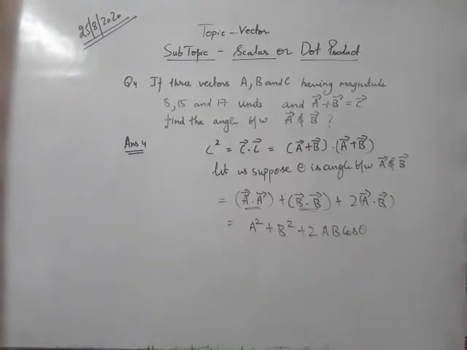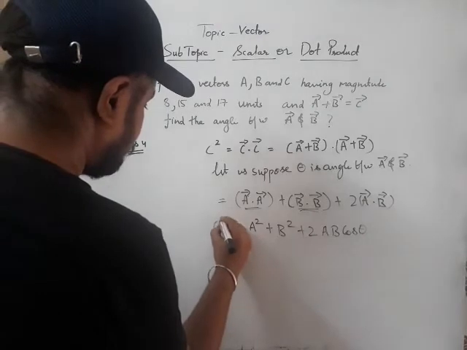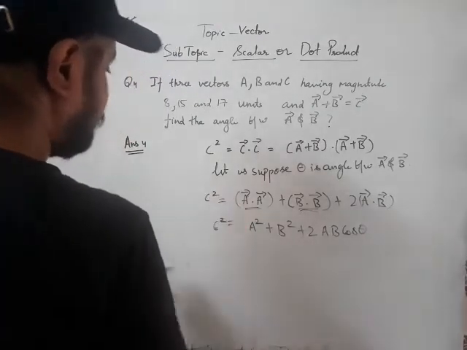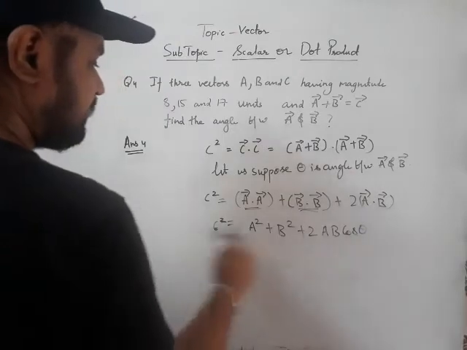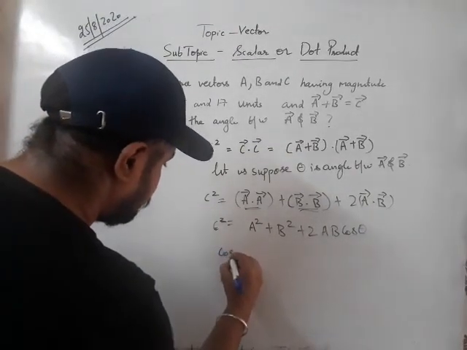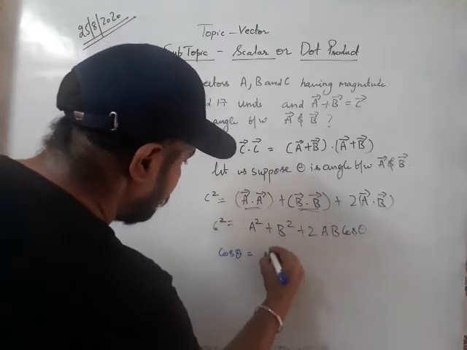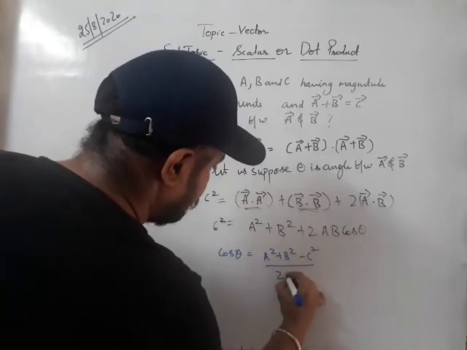Now the next step, we will be putting the values which we have been provided. So it is equal to C square, and C square's value is given, and we have to find the cos of angle theta. So we will be shifting cos theta over here and then finding the other values. So cos theta is given as A square plus B square minus C square upon 2AB.